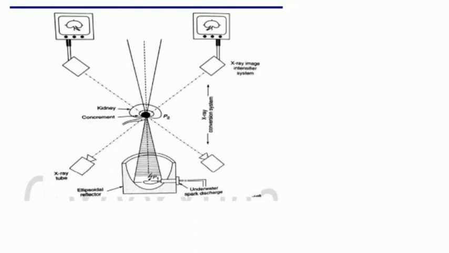Because of these multiple discharges or shock waves, a big stone will be broken into small pieces because of the ultrasonic shocks, and these small particles will now have the capability to travel through the urinary tract.